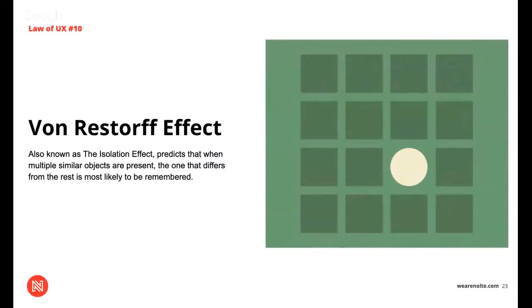Another law is the Von Restorff effect, also known as the isolation effect, that predicts that when multiple similar objects are present, the one that differs from the rest is most likely to be remembered.